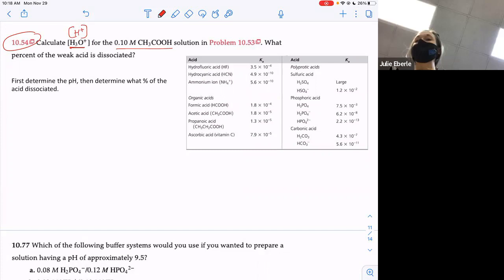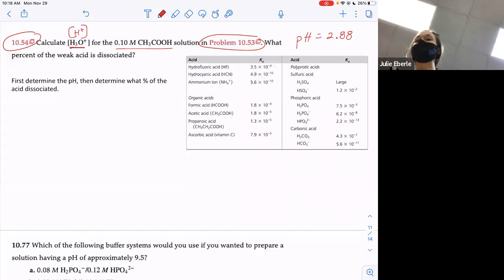Okay, what is the percent of the weak acid? Oh, it says in the problem this, so I don't have that problem captured here, but it tells you that the pH equals like 2.88. Okay, that's the info from that previous problem that I think you need to do this one. But I honestly think we could do it without that info.